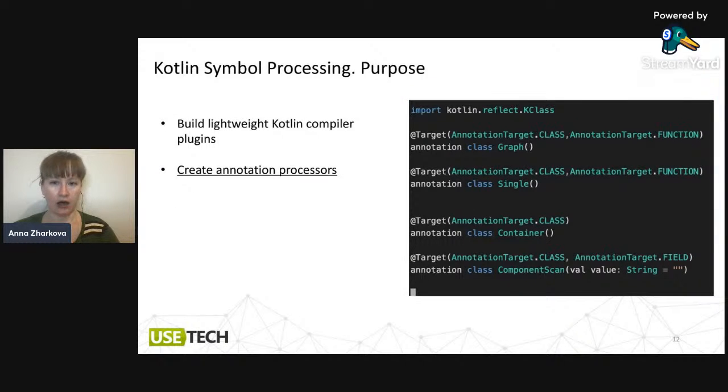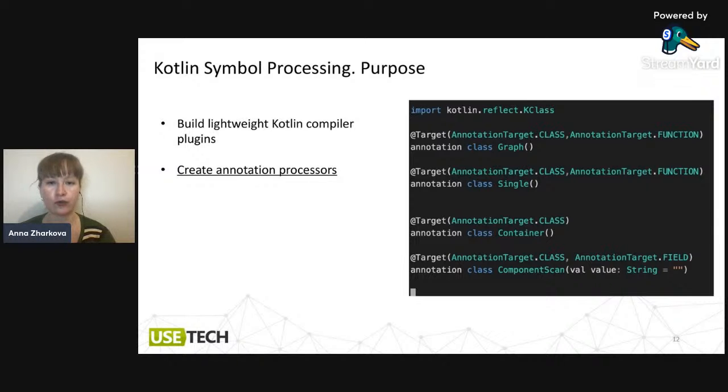So, what is the main purpose of this technology? Applying to our case, it will be creating an annotation processor. For example, there is a sample of annotations that we will use in our code to prevent using a lot of boilerplate.